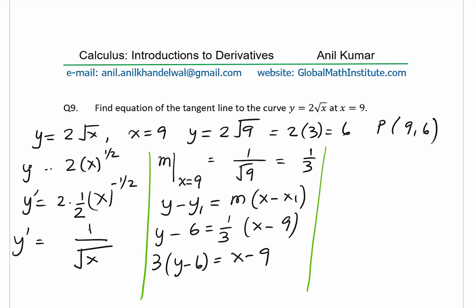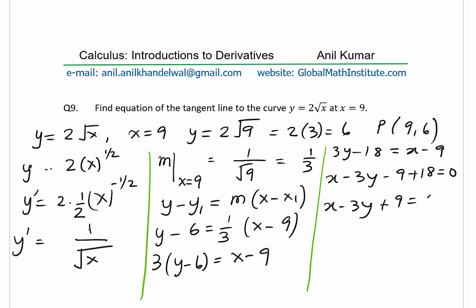So we have 3y minus 18 equals x minus 9. Bring all the terms together. So bringing them to the right side, minus 9 plus 18 equals 0. So we get x minus 3y plus 9 equals 0. So that becomes the equation of the line, right?